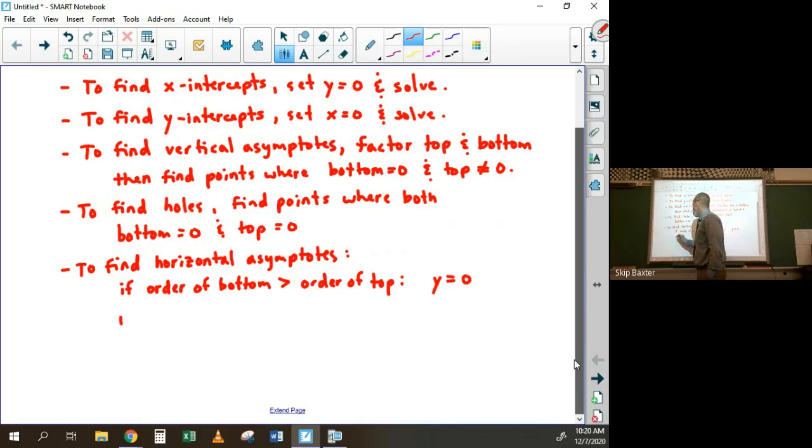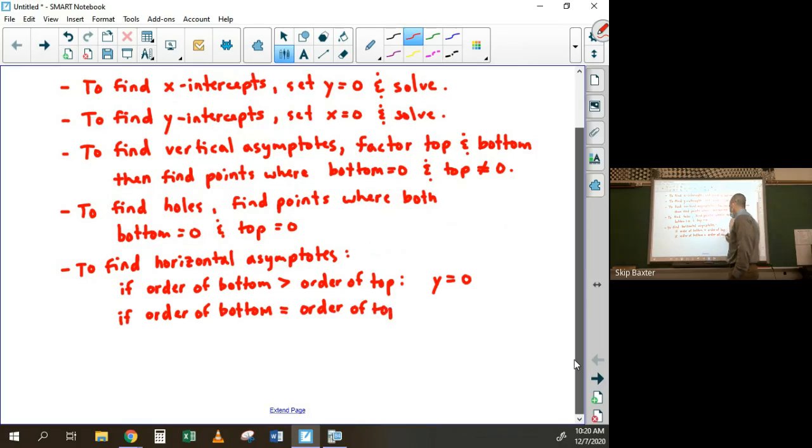If the order of the bottom equals the order of the top, then it's going to be the fraction of leading coefficients.